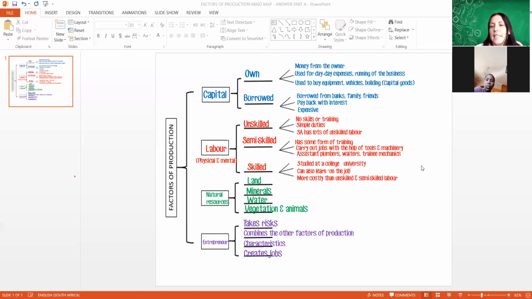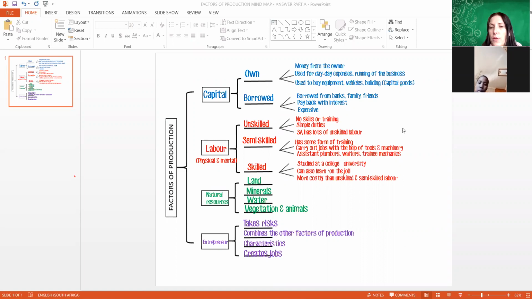For basically any kind of job or work that you have to do, you must have some form of skill. So that is why we have such a very big problem in especially South Africa. We have lots of people in our country who really do not have any skills. And that is why it's so important that the government initiates skills training and development so that people can gain skills. So this is then unskilled labor.